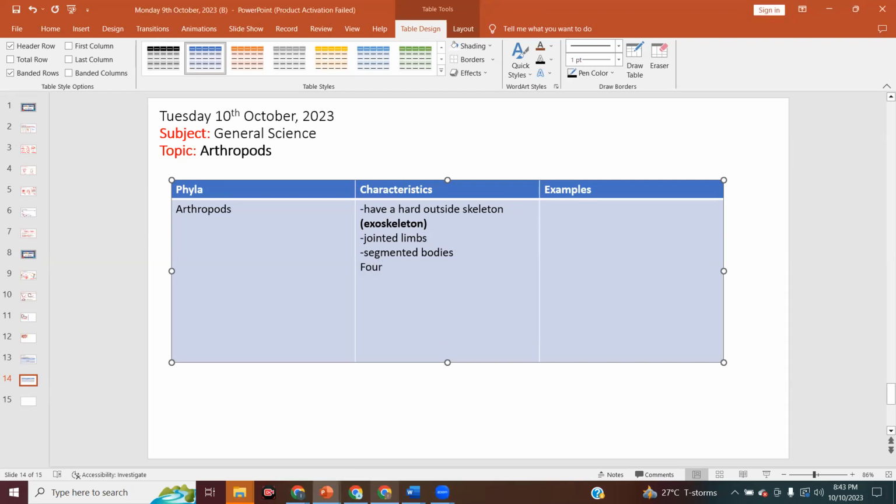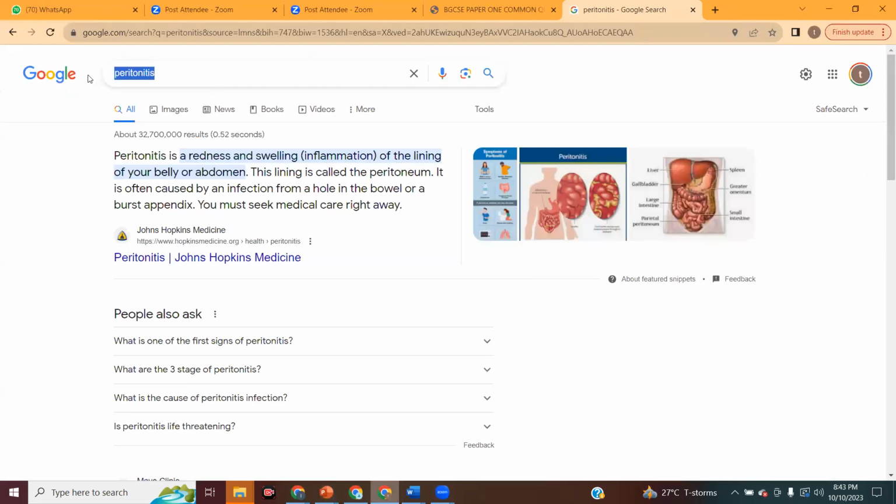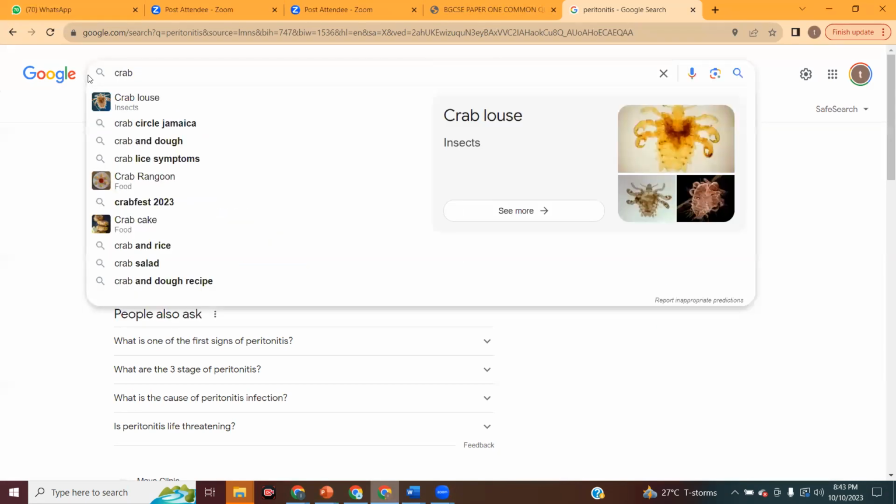When you say exoskeleton, that's an outside skeleton, a hard outer shell, without bones. Let me see if I can show you what I mean. Let's say that's a crab. You know crab, right?